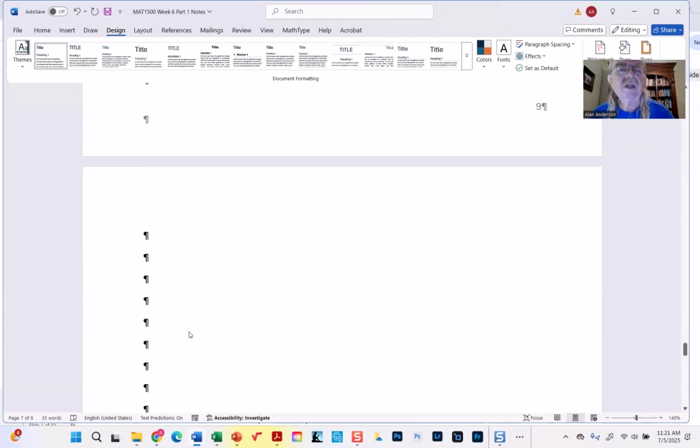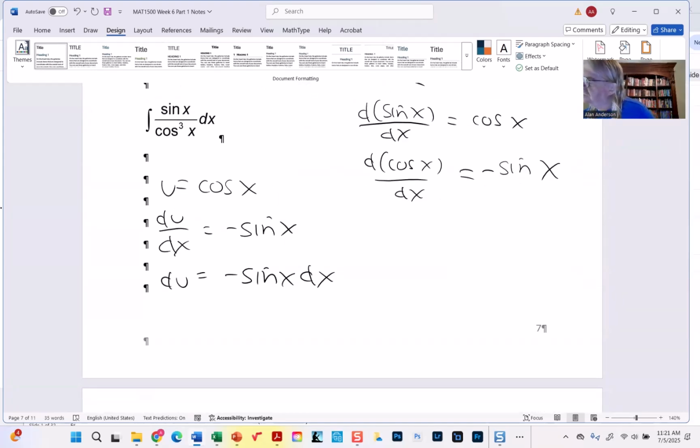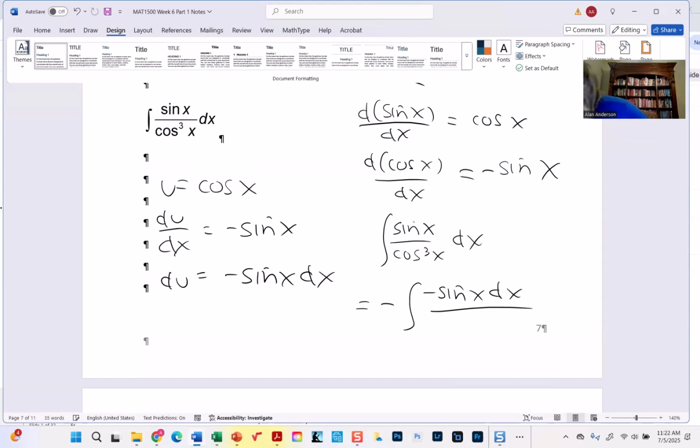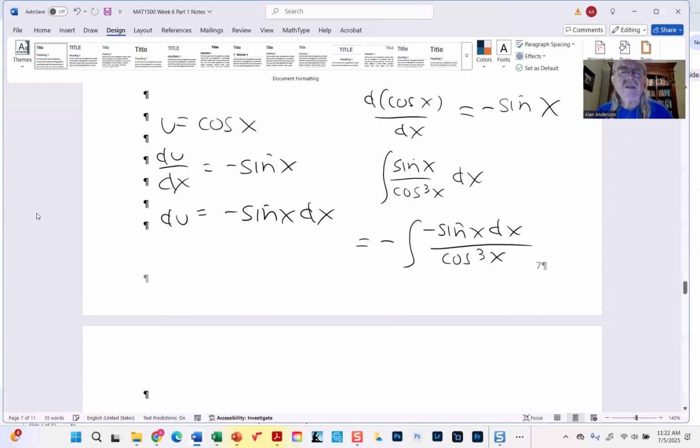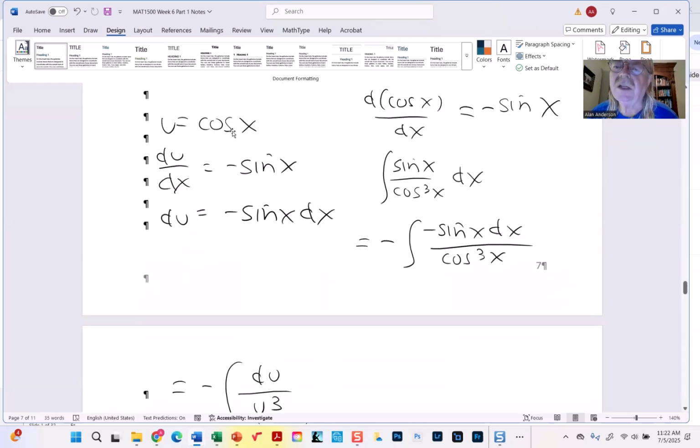All right, so we'll supply the missing negative, and this becomes... all right. And now we can rewrite this as du over u cubed. Because remember, the u is cosine x.